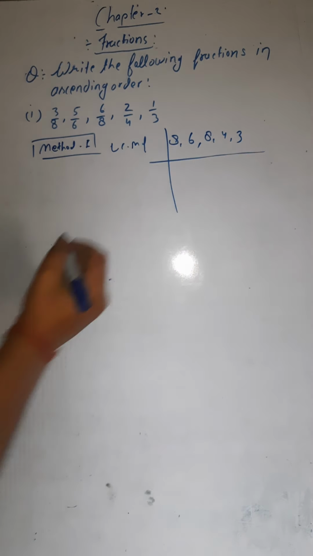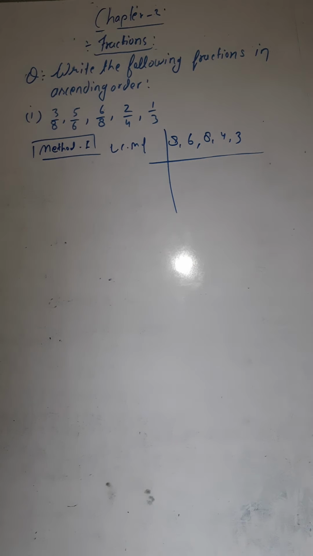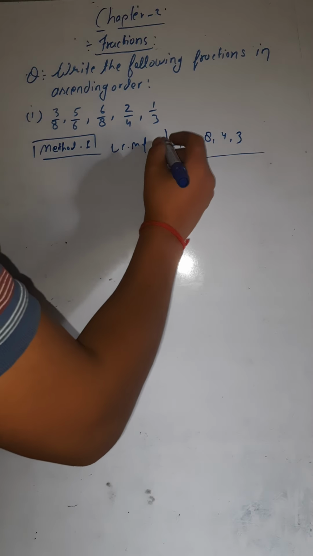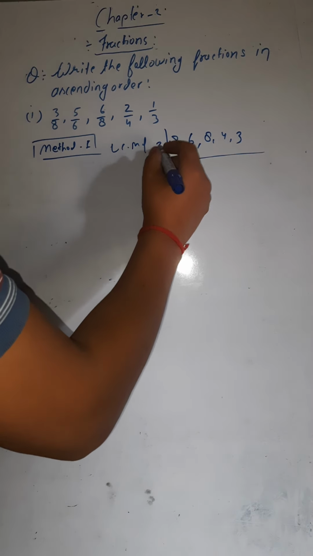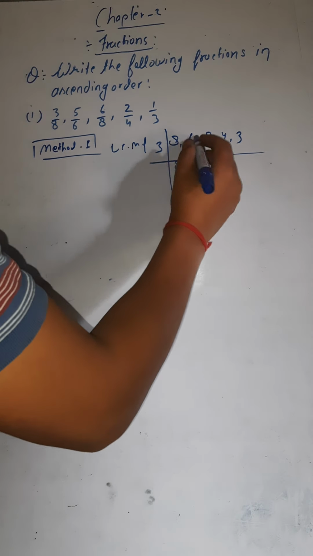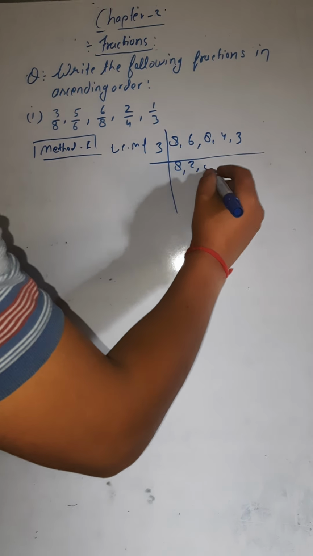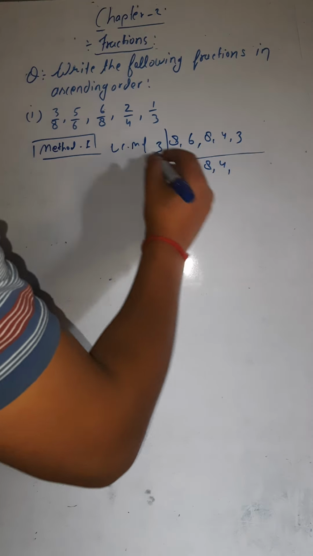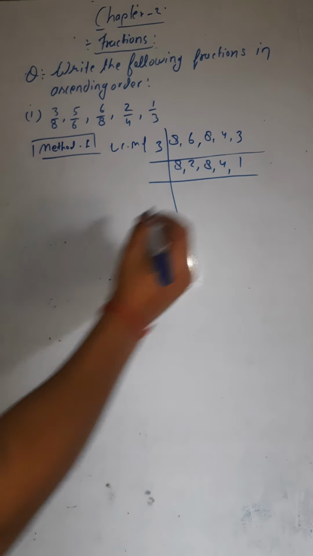Now just find out the LCM of all these numbers 8, 6, 8, 4, 3. Just do it yourself. First, because 3 is a prime number, divide by 3 first. 3 twos are 6; 8 is not divisible, 4 also not divisible, and 3 ones are 3.